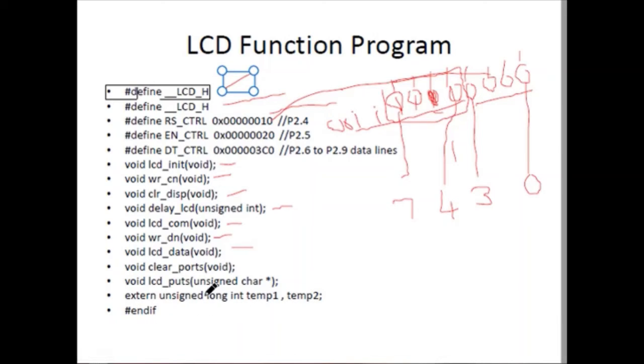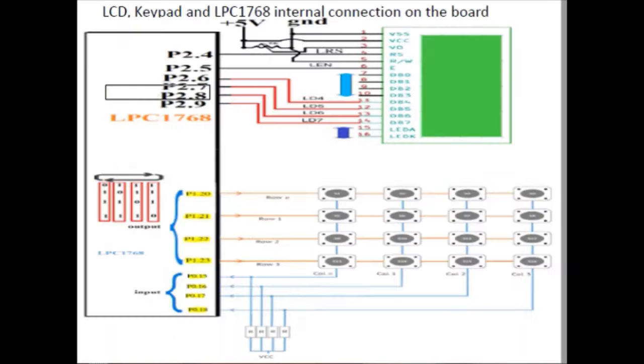And next, we are using these particular values temp1 and temp2 in order to read the values through rows and columns and the output. So this is a header file definition of the LCD function. This is not typed in the program, this is used as a calling function.